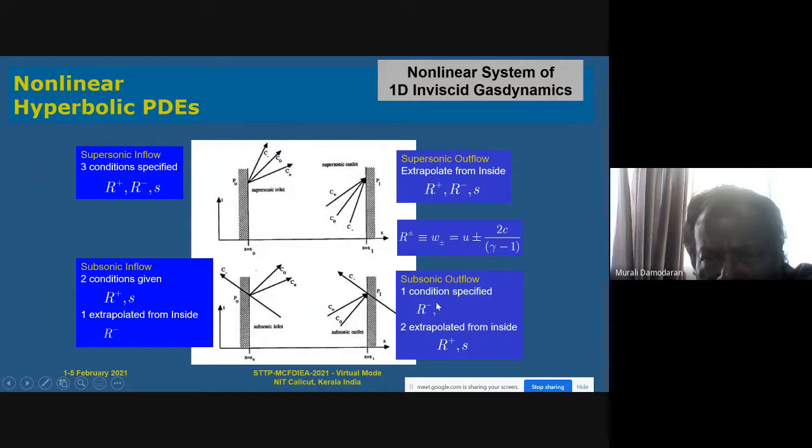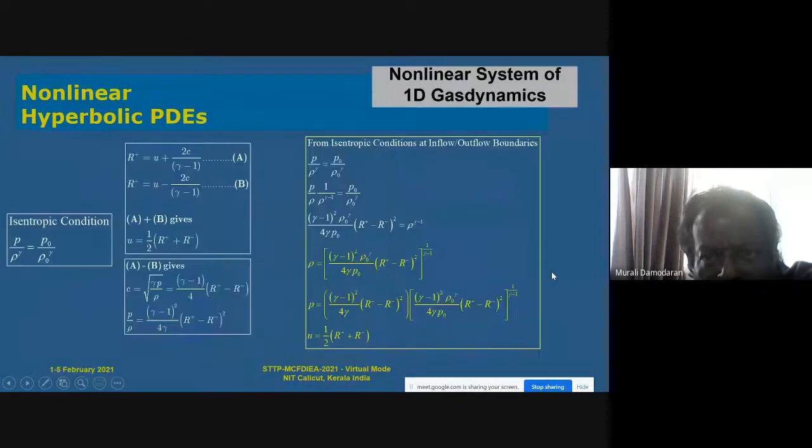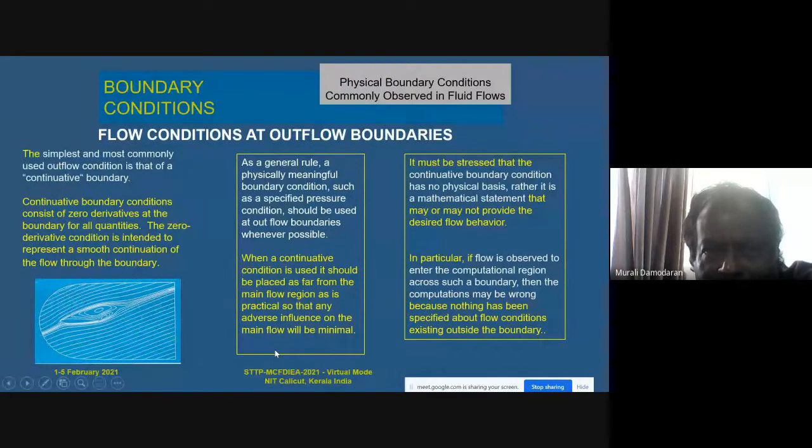In subsonic outflow also, you see something is going inside along that characteristic, I want to fix the value there, otherwise it will bring some information in. And these 2 I will just extrapolate from inside. So I have the 3 variables, basically the 2 Riemann invariants and S, and from there I can do some manipulation. I have the 2 Riemann invariants, I can add and I'll get my velocity, pressure, everything. So that's how the boundary values are computed.